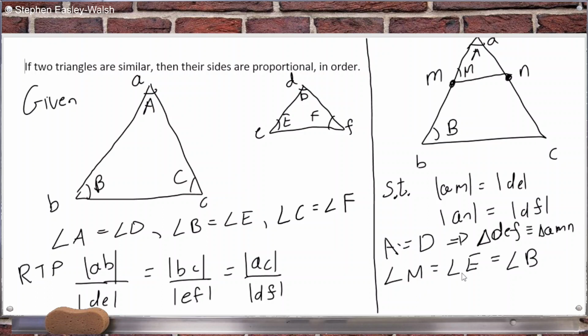We know M is equal to E because they're congruent, and we know E is equal to B because they're similar. So this is because they're congruent, and this is because they're similar.